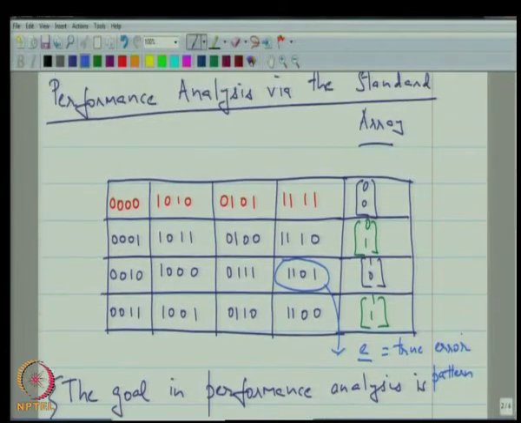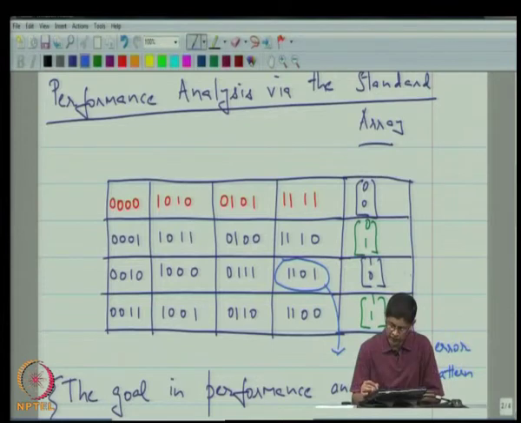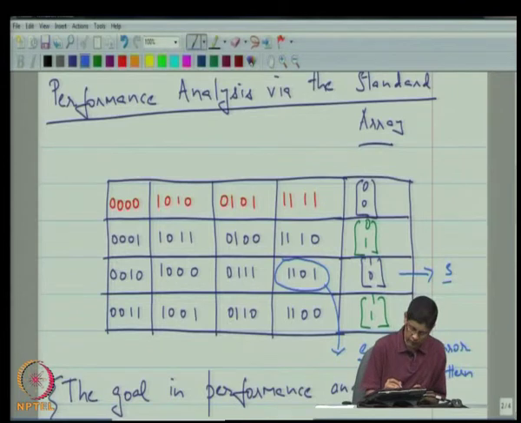Now, what is the receiver going to do? It is going to compute the syndrome of the received vector, but the syndrome of the received vector is the same as the syndrome of the error vector, which is this. So the syndrome that is going to be computed is this, and once it is given the syndrome, it is going to use table lookup and jump to the coset leader.